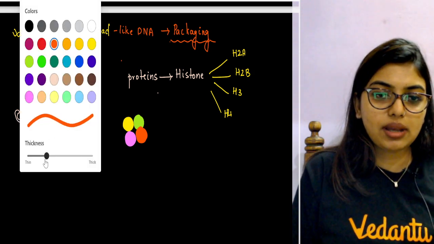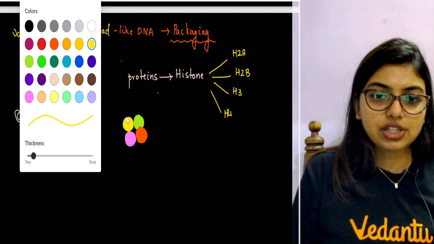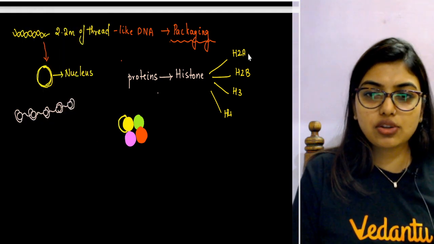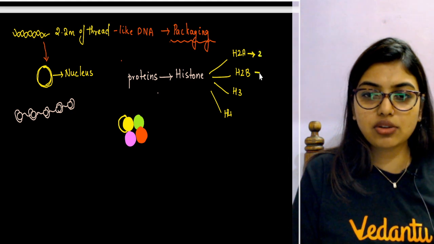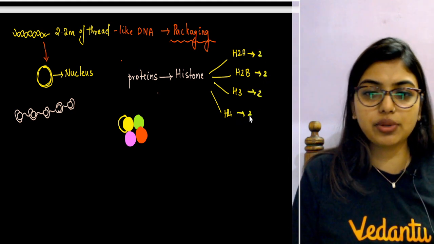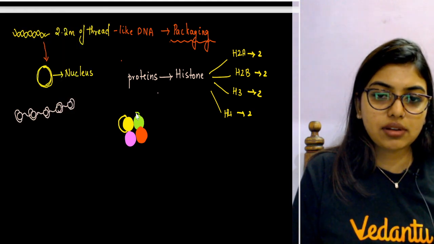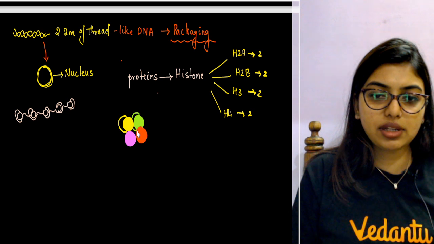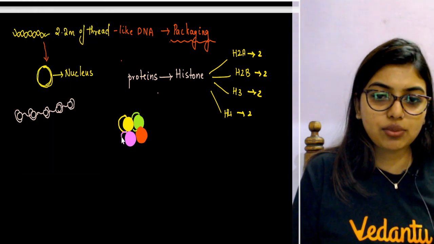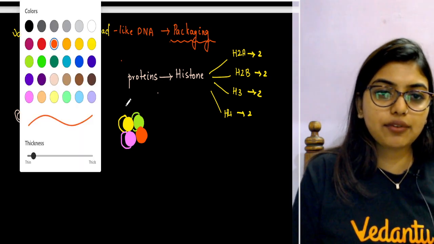Now let's go back to making it a thin line, and remember each histone will come in twos. This is also going to be 2 in number, this is also 2 in number. I'm trying to draw 3D, and then here also we'll have two in the back side, and it will form like a cube.